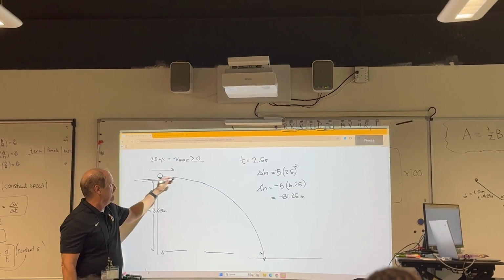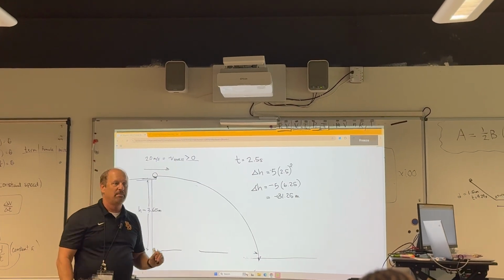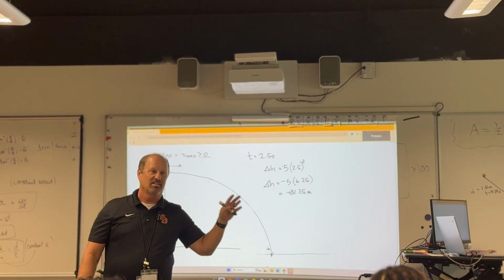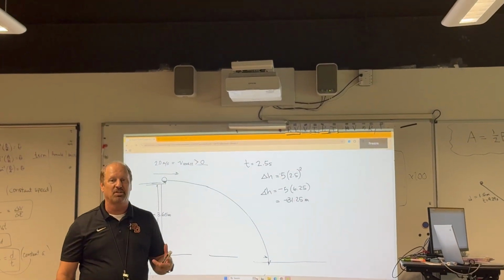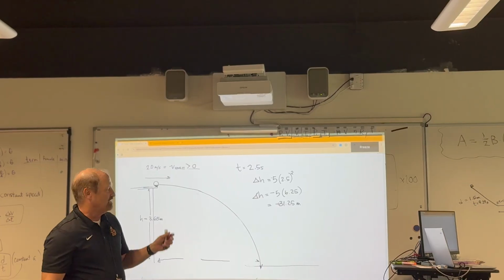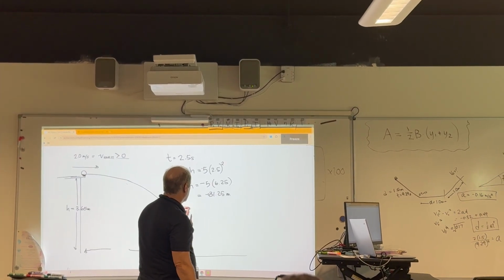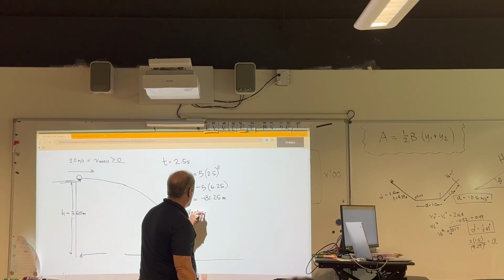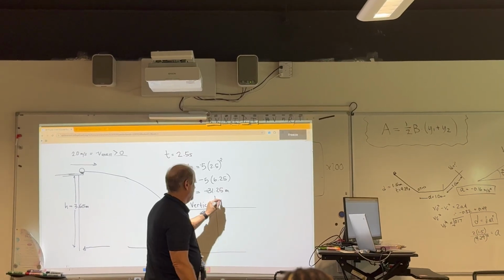It's going X and it's going Y. Two-dimensional motion: the X does not affect the Y, and the Y does not affect the X. However, they are happening simultaneously. So you need to divide this problem into 2 parts, the vertical happening and the horizontal happening.